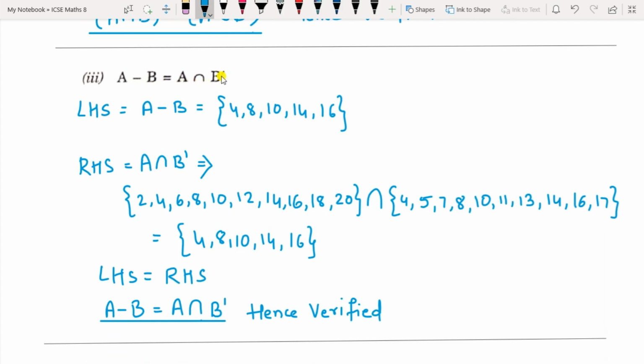So A minus B is 4, 8, 10, 14 and 16, all the elements of A which are not in B, that you have to write. And A intersection B complement, so this is A, its intersection with the B complement we have found above. So the answer comes out to be similar to LHS. So LHS equal to RHS, hence verified.